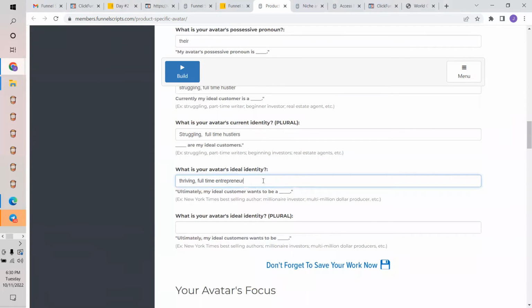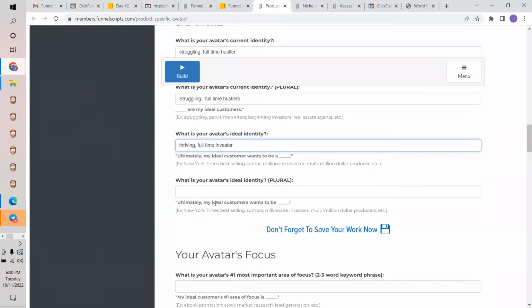Actually, I'm going to go with investor, because that's what we're really doing. Yes, we want to see people create their passions. We want to see people go ahead and live out their lives. That's what I would like to see. But at the end of the day, they want to be a thriving full-time investor, or wealthy full-time investor.